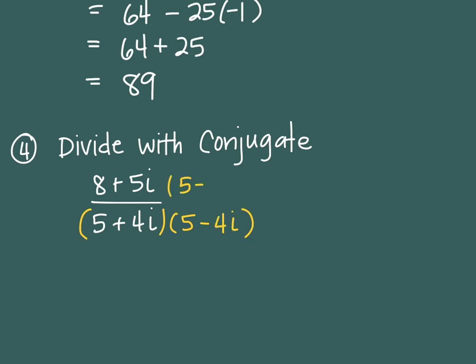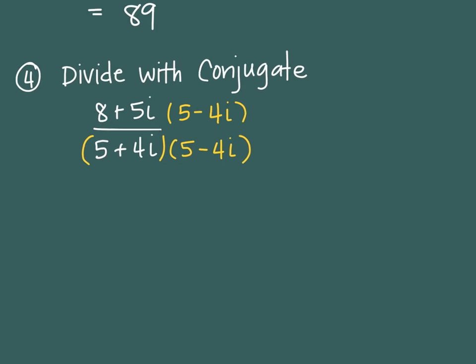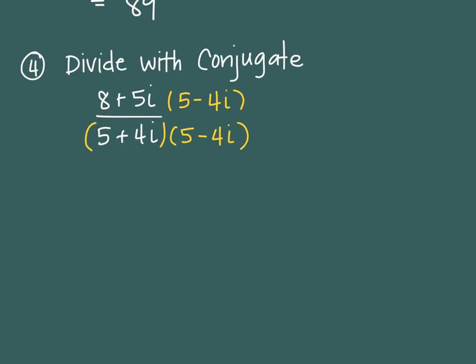That same conjugate is applied to the numerator as well. You don't do different conjugates. You use the conjugate for the bottom, and then it also gets multiplied to the top. So this becomes a FOIL problem. Division is always done by foiling by the conjugate. So you FOIL out the top.